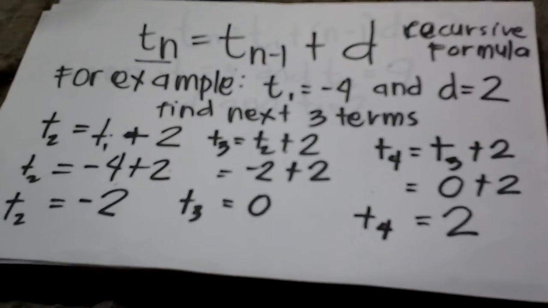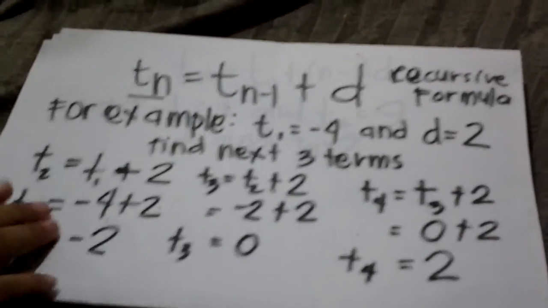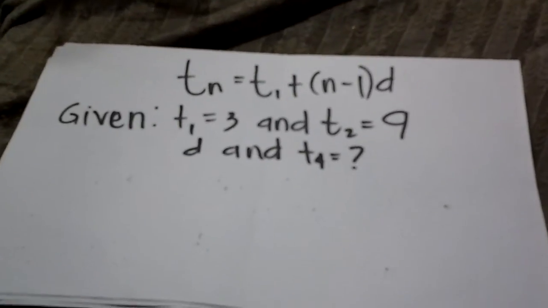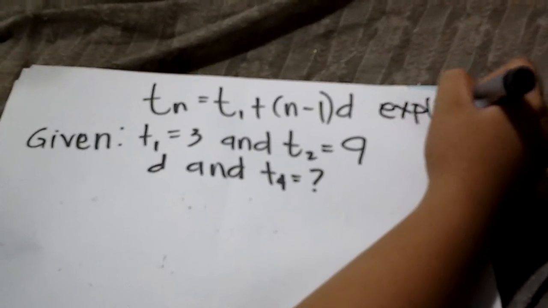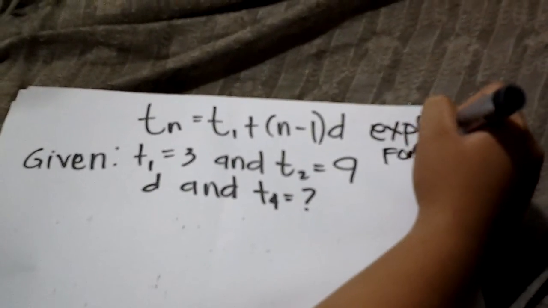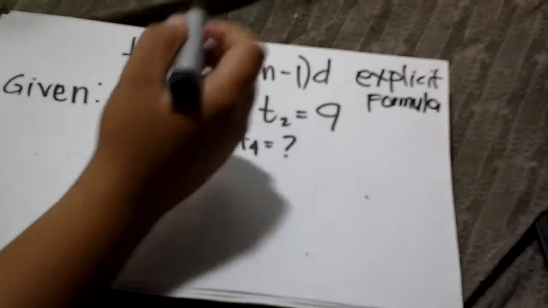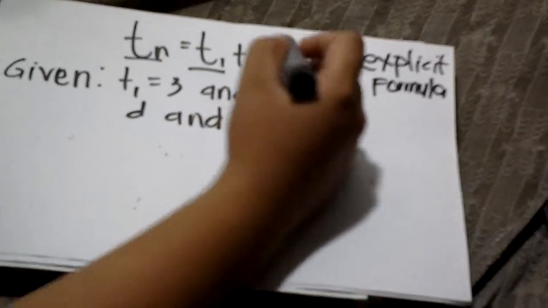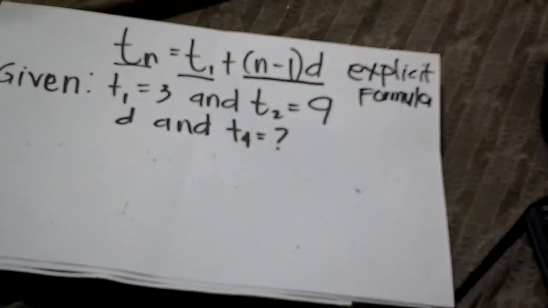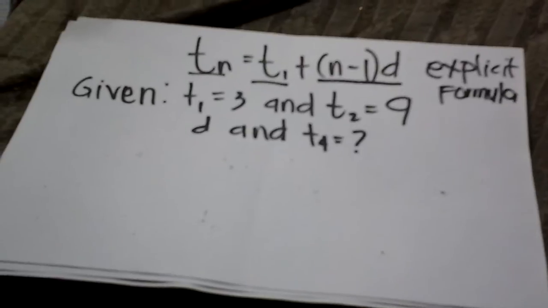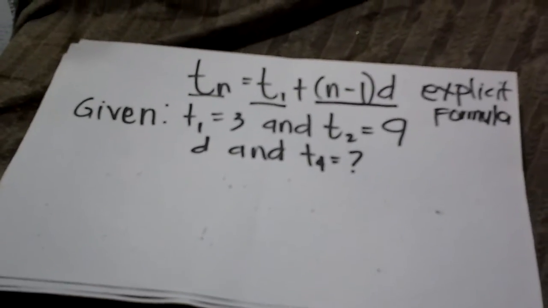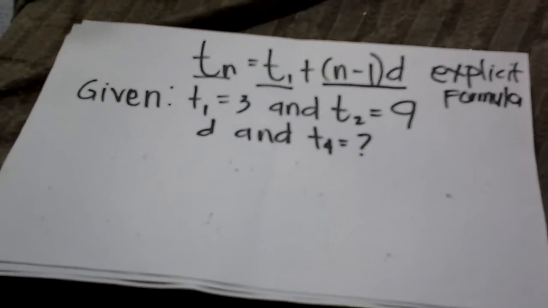Understood? Okay, so now let's move on to the second formula, which is known as the general or explicit formula and is represented by the equation t sub n is equal to t sub 1 plus quantity n minus 1 times d, where n represents the number of the term, t sub 1 is the first term, and d is the common difference.